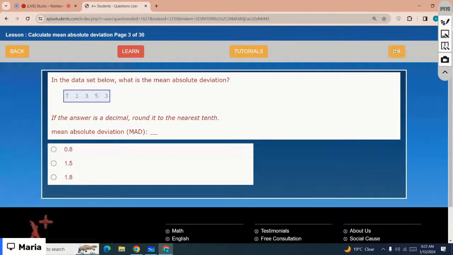Okay, for the next one, you have to do calculations. I'm waiting for the answer from your side, okay? So just do the calculations on your notebook and write the answer in the chat box.